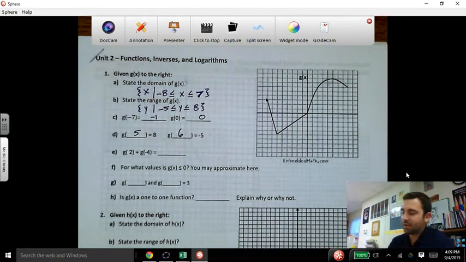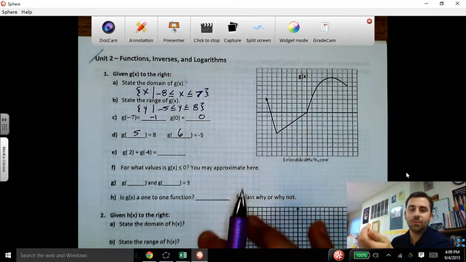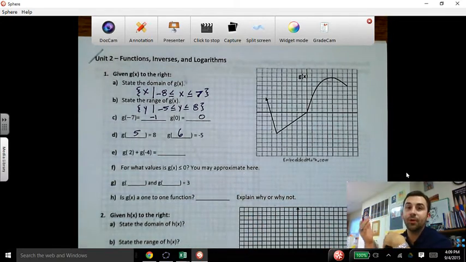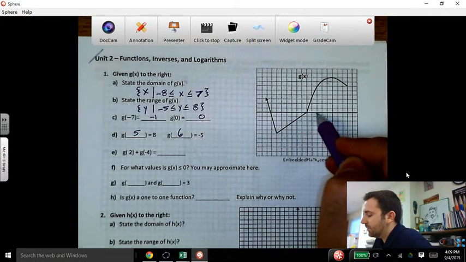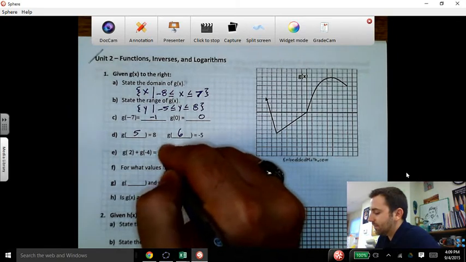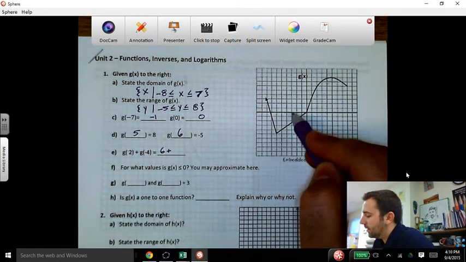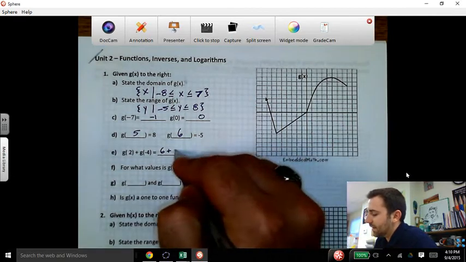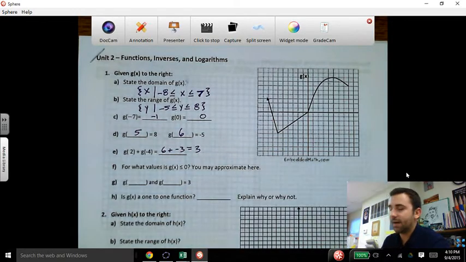In part E, it's saying find the output when the input is 2, and add it to the output when the input is -4. So we would break this down. At 2, the output is 6, and I would add it to the output at -4, which in this case is -3. And so when I add these together, I get a positive 3.